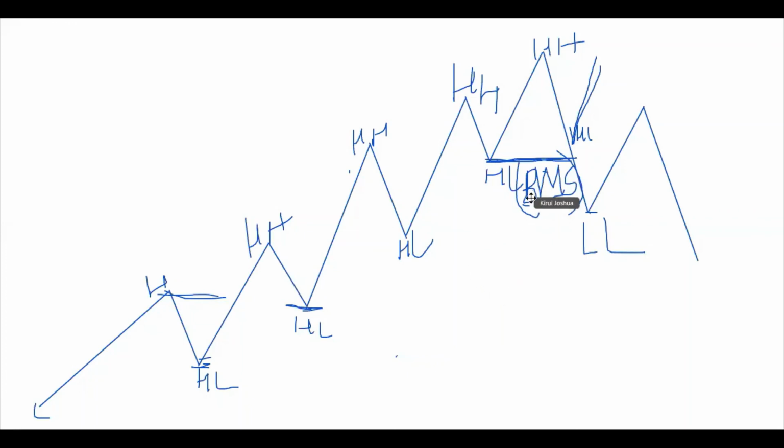So this is our break in the market structure. And now the price came down, creating a new lower low, meaning the structure has changed and the market is now going in a bearish direction.